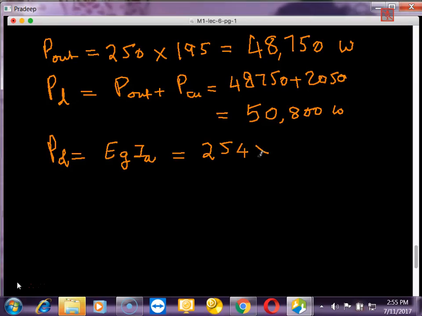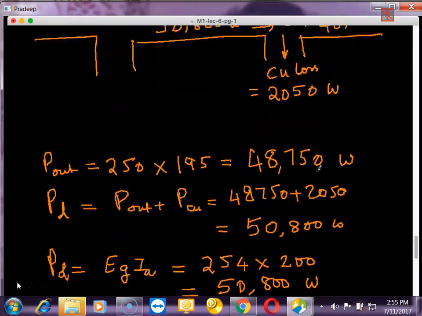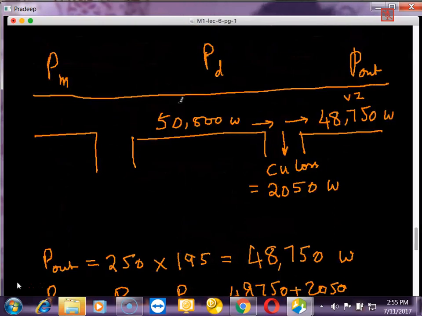Now if I multiply with 200, the armature current, this also gives you exactly the same amount, 50,800 watts. So this is just to confirm your answer. This is V into I, whereas this is EG into IA, 50,800 watts.